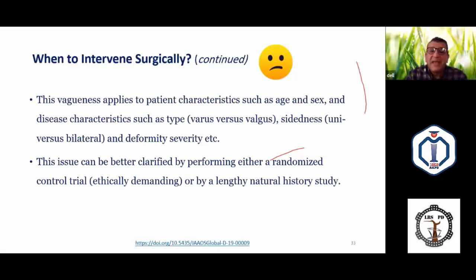Unilateral deformities may respond differently than bilateral deformities. Deformity severity, severe deformity versus mild deformities. These are all factors that interplay, but it's not known for sure how we can use them precisely to take decisions, medical versus surgical treatment.